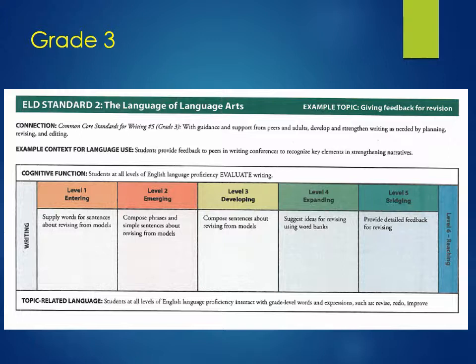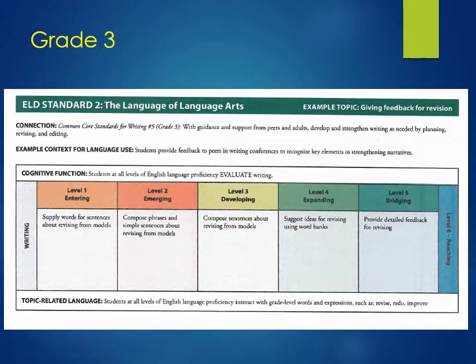So the language use, students will provide feedback to peers in writing conferences to recognize key elements in strengthening narratives, okay? So they're actually going to do some writing analysis. What's the cognitive function? They're going to evaluate.